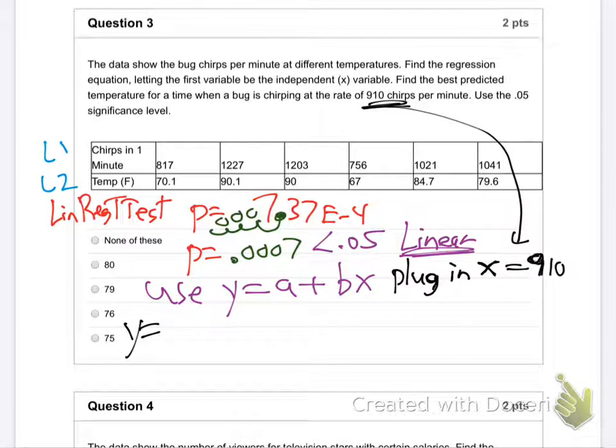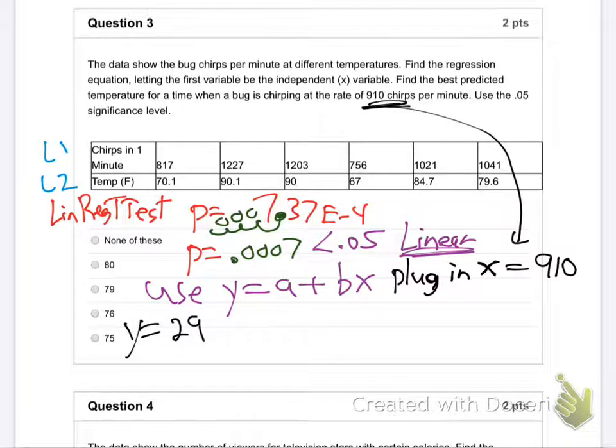910. This is the bugs chirping and the temperature outside. Do you know that's actually true? That bugs chirp faster as the temperature gets hotter and slower when it's colder. There's a linear relationship. Biologists will tell you. So get your A value.